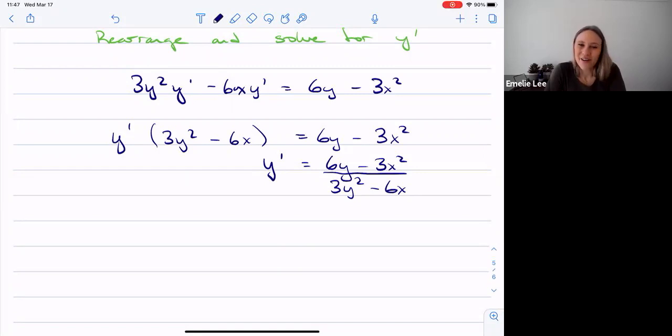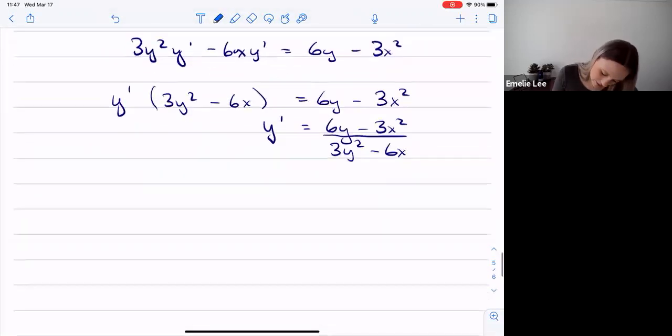Depending on how simplified you want to get, you could factor out a common 3, but that's about it. You could leave it like it is too. I'm pretty sure that WebAssign would accept this just as it is.